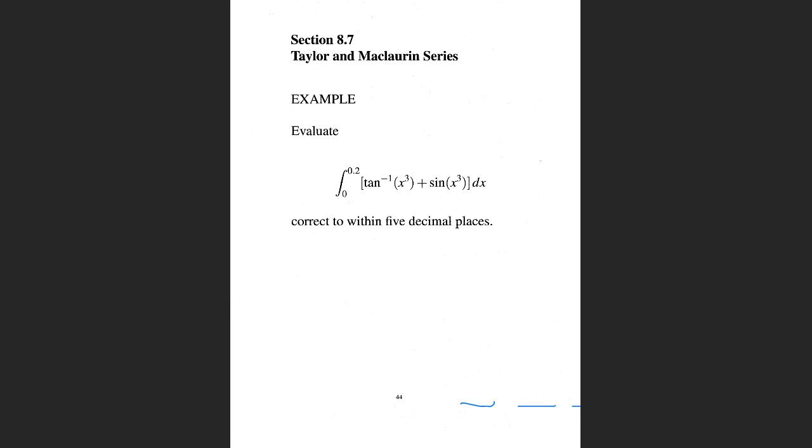To my knowledge, there's no explicit antiderivative for the arctangent of x cubed, and there's no explicit antiderivative for the sine of x cubed. Now, there are tables of integrals. You had some practice with tables of integrals back in chapter 5, right? So I'm not saying the antiderivatives don't exist, but to my knowledge, I'm not aware of them. Let's put it that way. But we're going to utilize power series or Maclaurin series to help us with this problem.